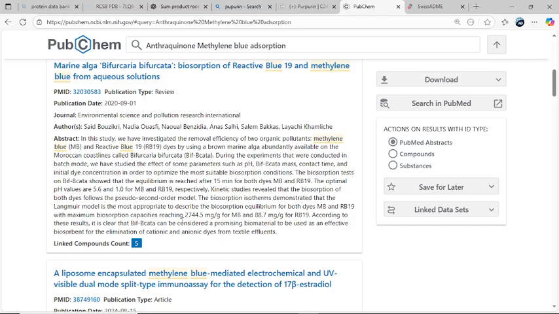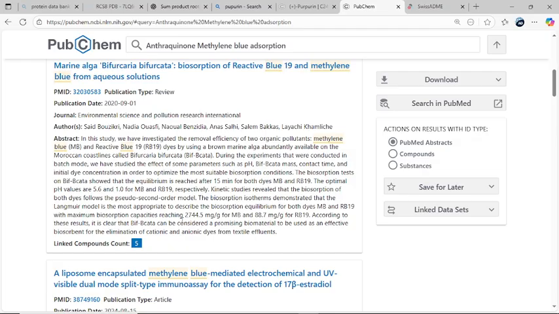Rather, what we see is activated carbon from groundnut shell in acidic medium or alkaline medium. Activated carbon from groundnut shell.